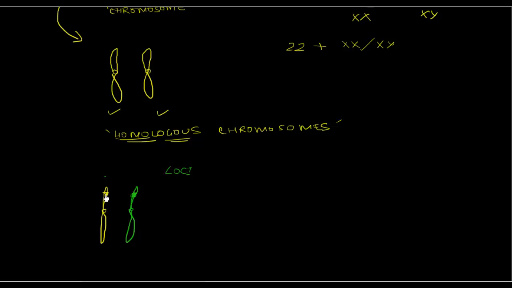So the loci of this gene would be exactly similar to the loci of the other gene on its homologous chromosome. If we consider this to be a gene, then on its homologous chromosome, the counterpart would be considered as an allele. So this would be the allele, and this can be referred to as a gene.